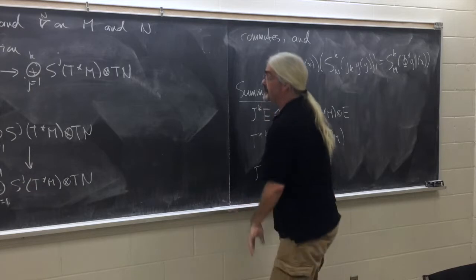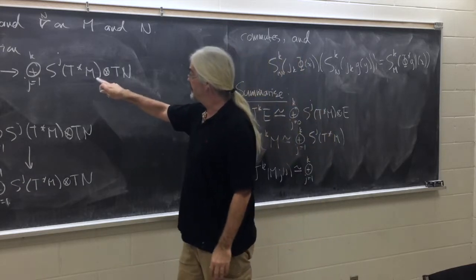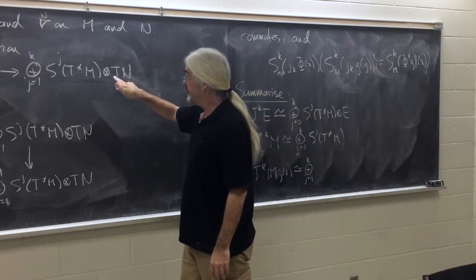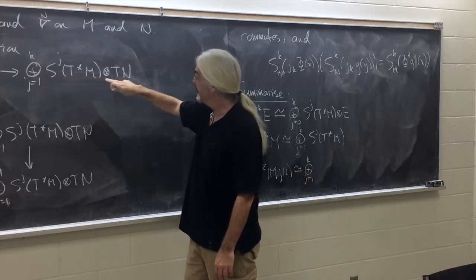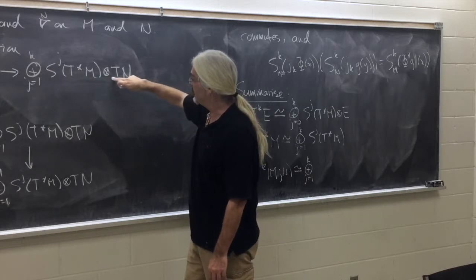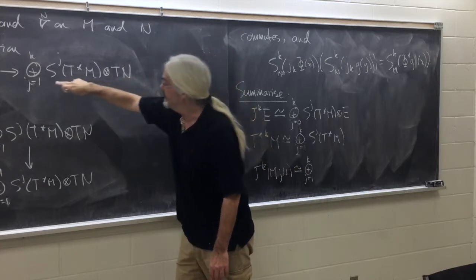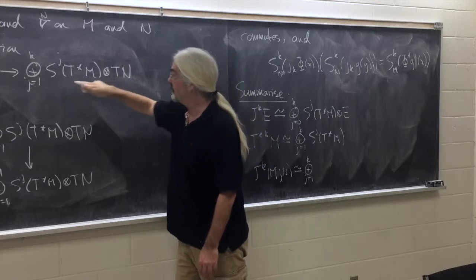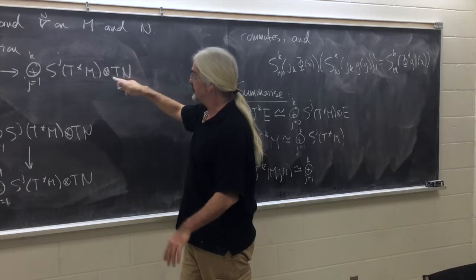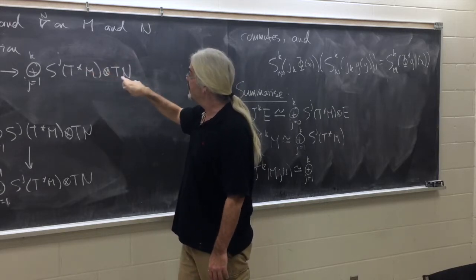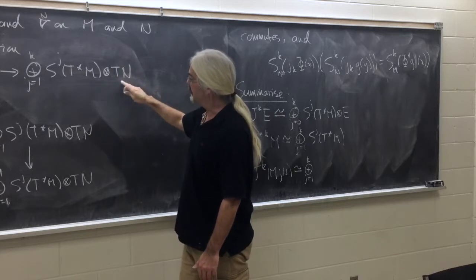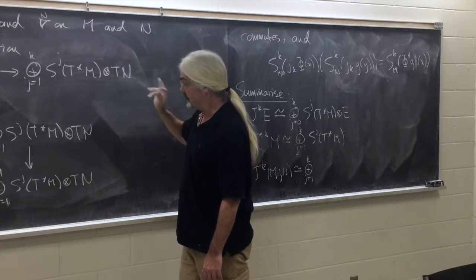I should be careful to understand what this is. This is a vector bundle over M. This is a vector bundle over N. This is a vector bundle over the product, so this is the tensor product. What you do, of course, is you take this one, pull it back to the product M cross N, and this one, pull it back to the product M cross N, and that's the tensor product of those vector bundles.